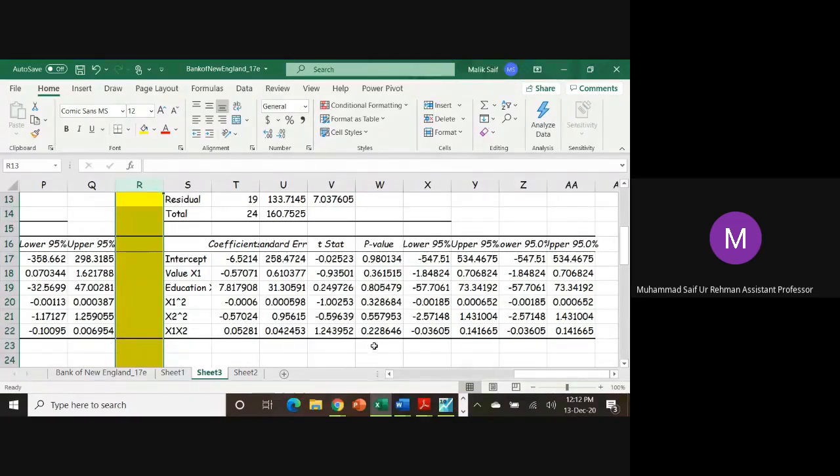There is no relationship between the explanatory variables and the residual term square. It means that there is no issue of heteroscedasticity; this indicates the absence of heteroscedasticity in the model. Fine. Is it clear?